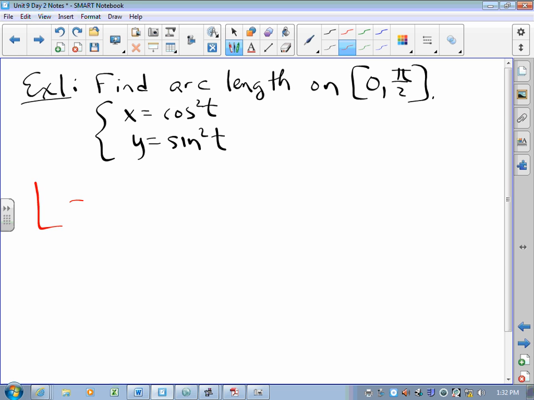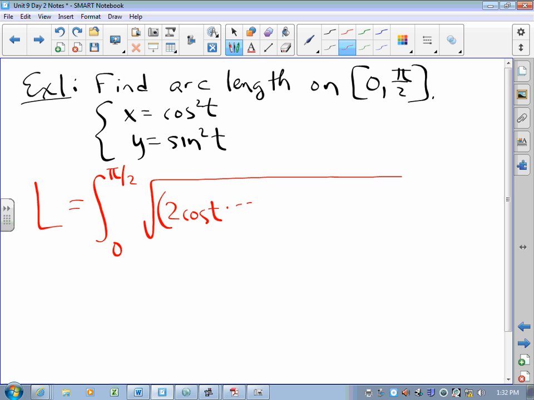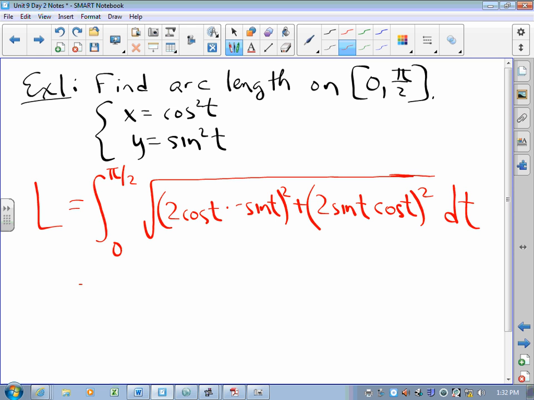Arc length is an integral from 0 to pi over 2 of the square root of dx dt squared plus dy dt squared dt.